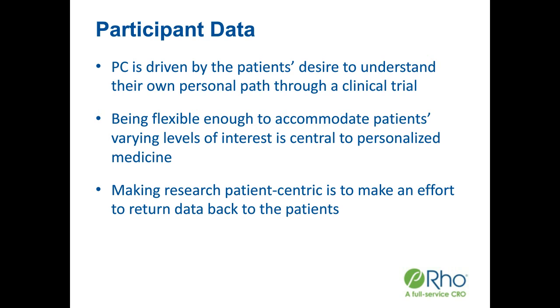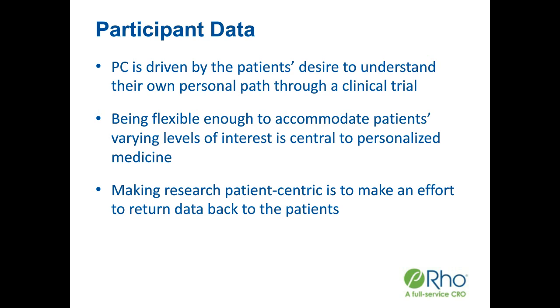And being flexible, as Ryan mentioned earlier in his presentation, we work in asthma trials, and pain would never have crossed any of our minds as something we would want to communicate to the patients or have any mechanism for having the dialogue. So when we consider how we're going to best use the participant data, we have to be flexible enough to accommodate varying levels of interest in the different aspects of it.